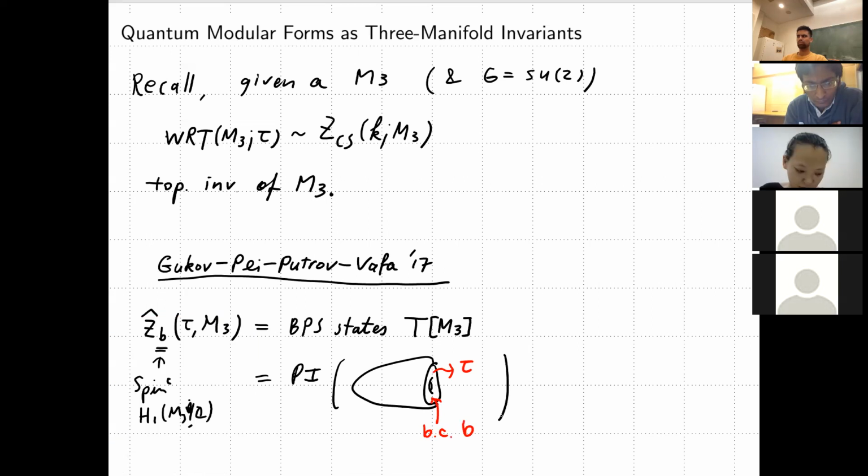And as such, you should have integral coefficients. Okay?